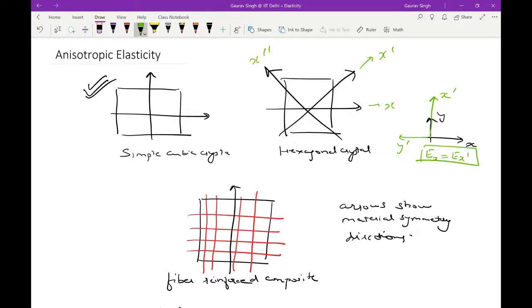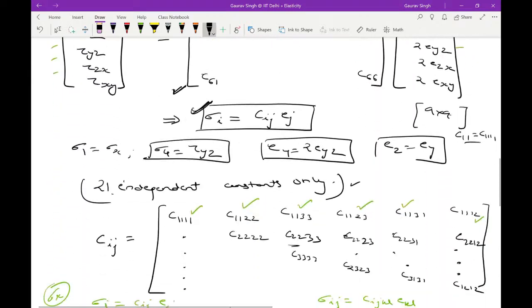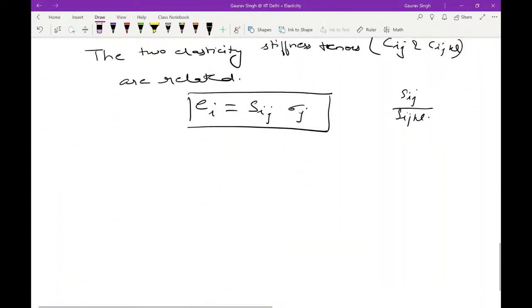So once you have a rotation like this, we want to now put this idea that the elastic response is the same using the transformation matrices which we have learned before. So let's call this material symmetry.